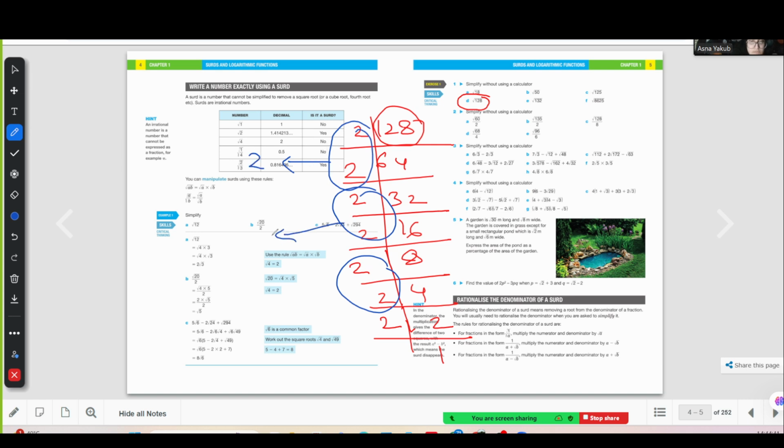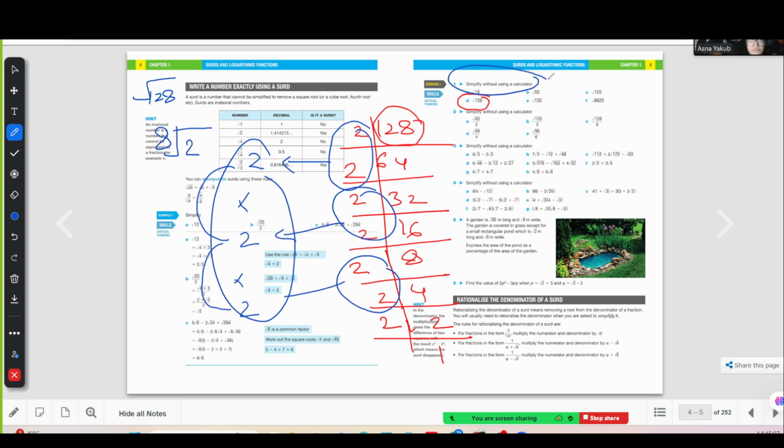But here there is no group, so we'll leave it like this. Now we multiply these numbers. 2 times 2 is 4, 4 times 2 is 8. So this 8 will come outside the square root, and whatever is without a pair or group, we write it inside the square root.